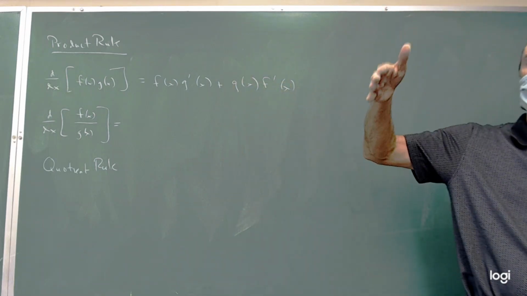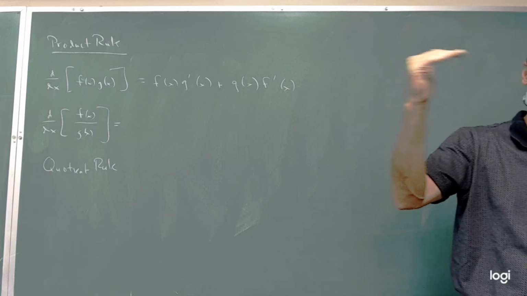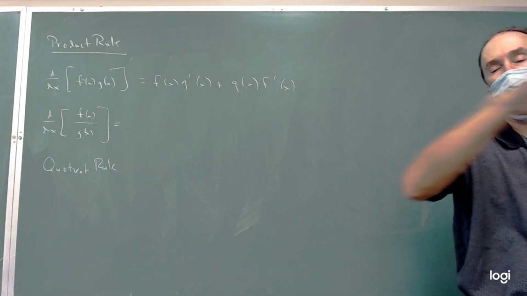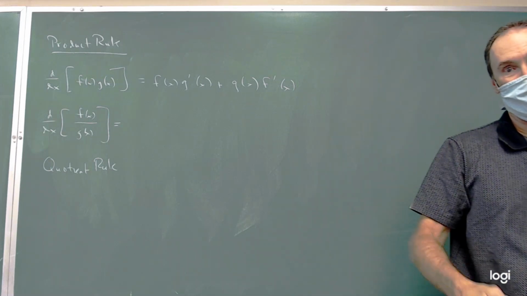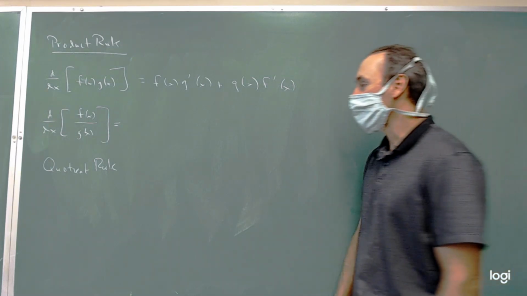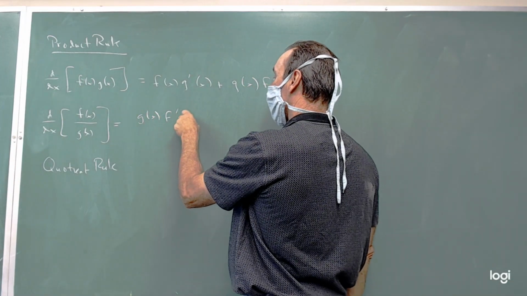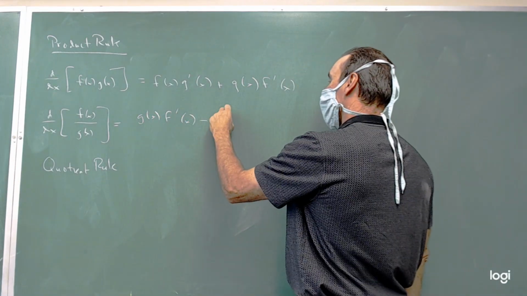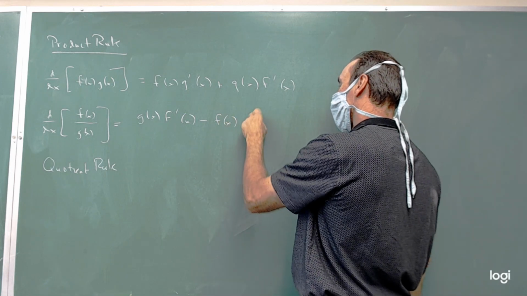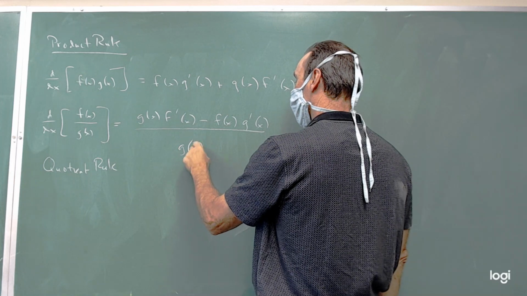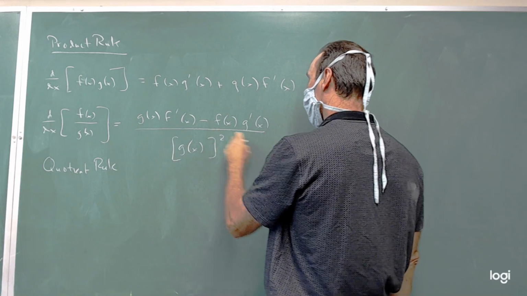Denominator times the derivative of the numerator minus the numerator times the derivative of the denominator, all over the denominator squared.